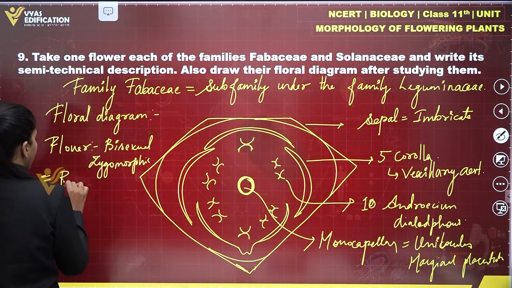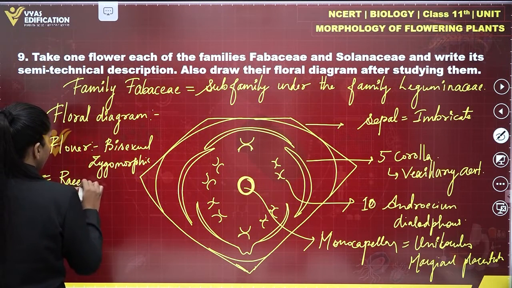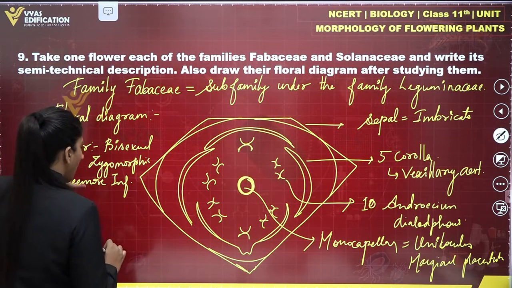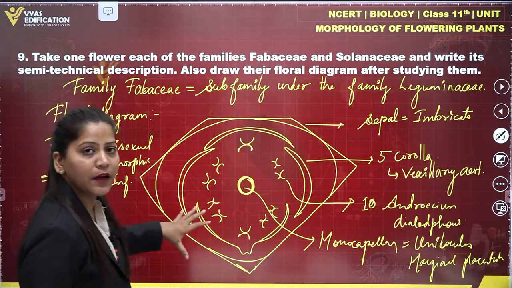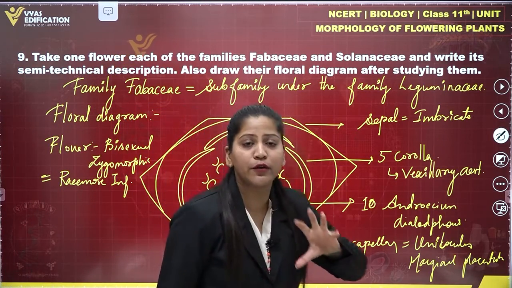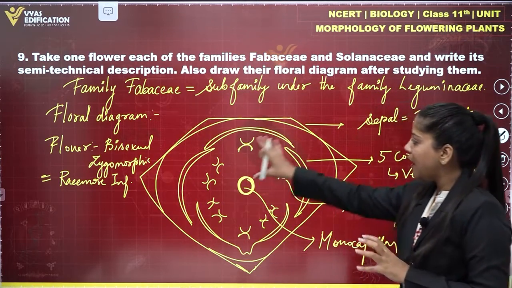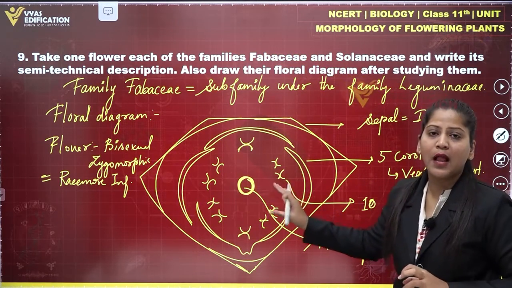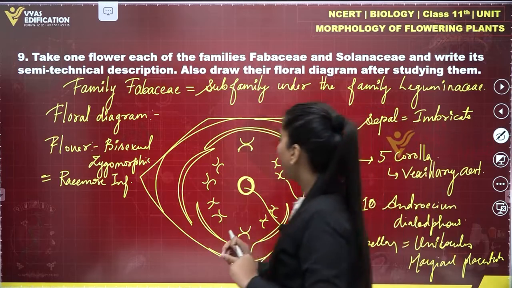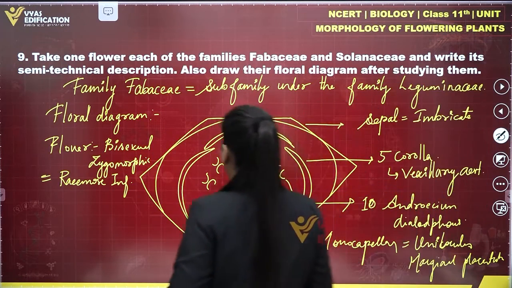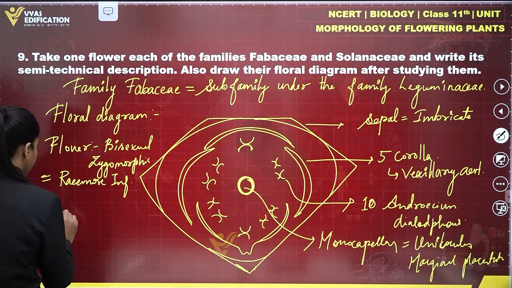Then it has racemose inflorescence, and all other floral parts which constitute the flower are represented over here with the help of this diagram. Let's talk about the floral formula. If we talk about the floral formula, it would be like this.